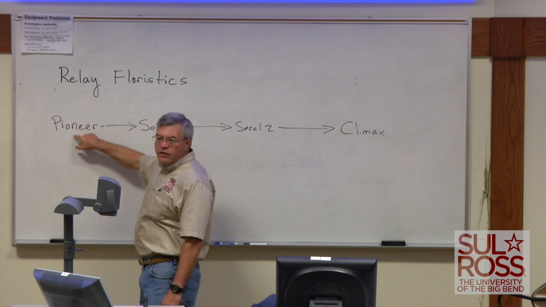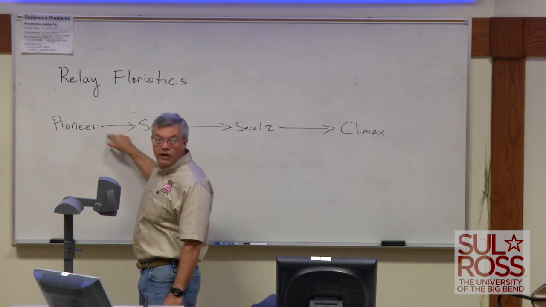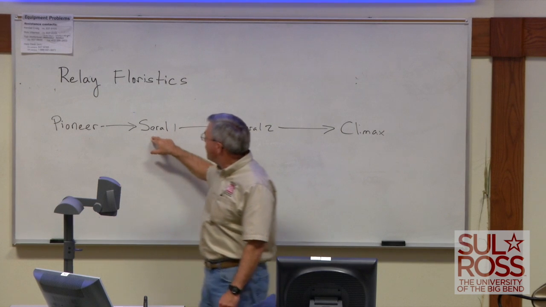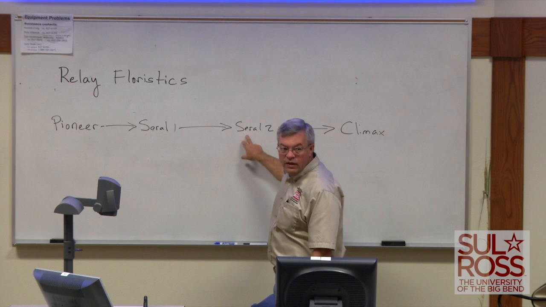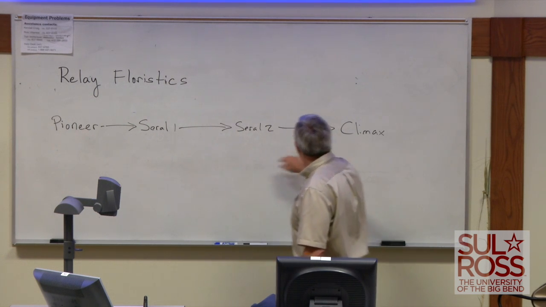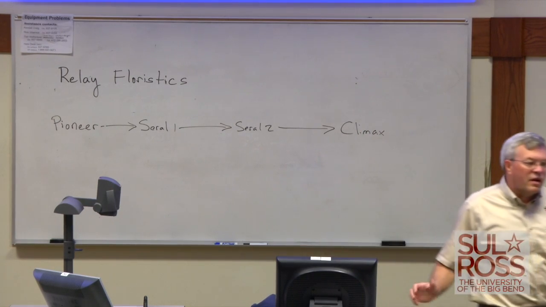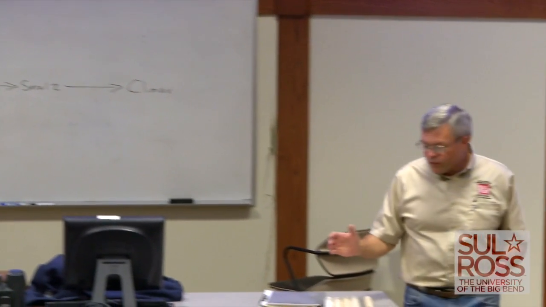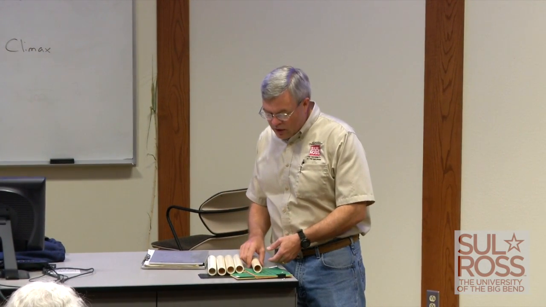What those pioneers do is they modify the site, make it more suitable for the next suite of organisms, which we'll just call seral stage 1. Then the next suite of organisms that's relayed in is seral stage 2, and then ultimately we reach a climax plant community. A lot of times that really didn't happen on rangeland situations. It seemed to stall out.